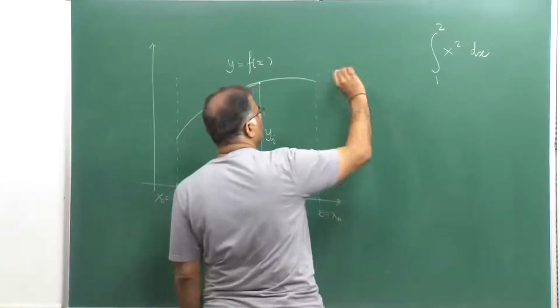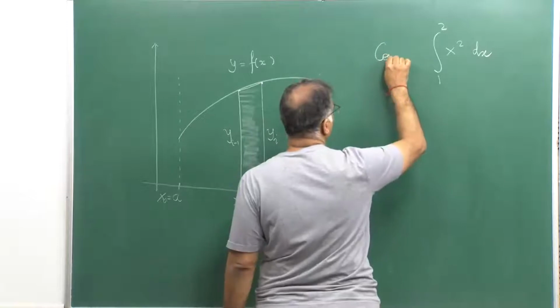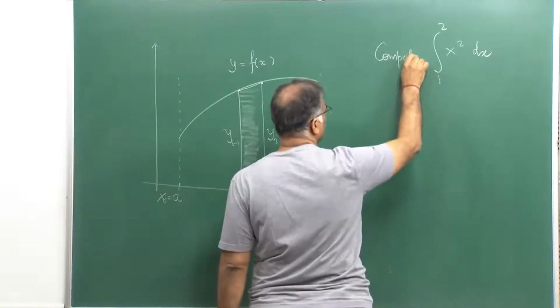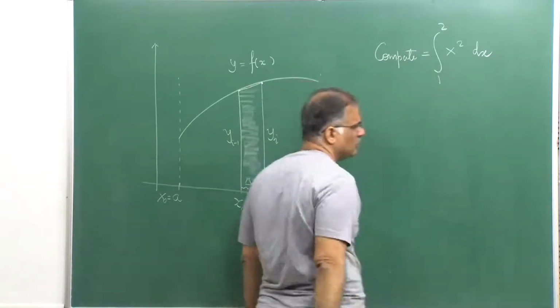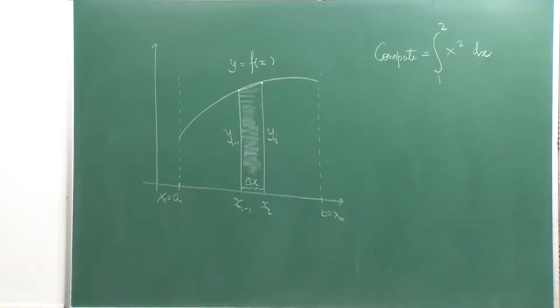I will compute this using the trapezoidal rule. The whole point is that even for such functions you do not bother about antiderivatives. Of course, you know what the antiderivative is here, so we will check what the error is.